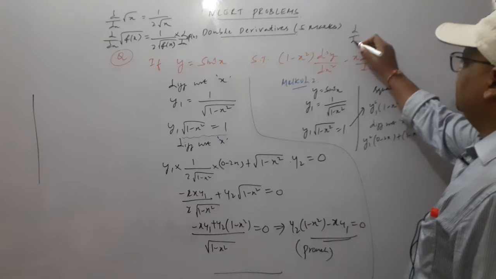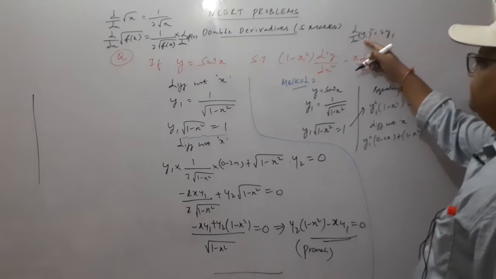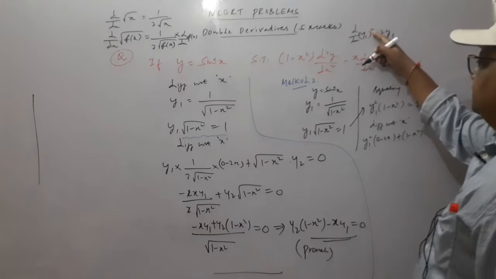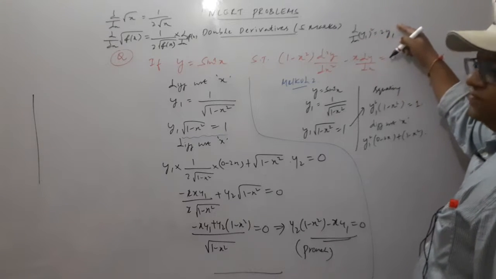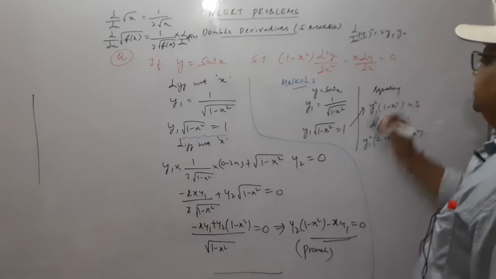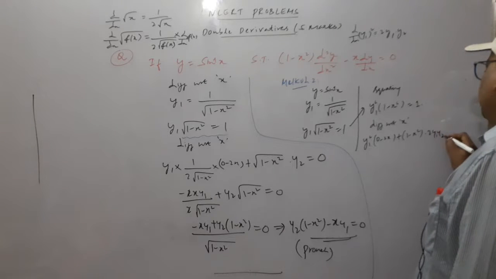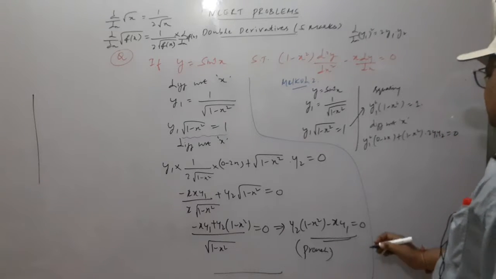So what is d by dx of y1 the whole square? It is given by 2y1, function to the power of n, function to the power of n minus 1, into the differential of y1, which will give me y2. So into 2y1 y2, is equal to 0.